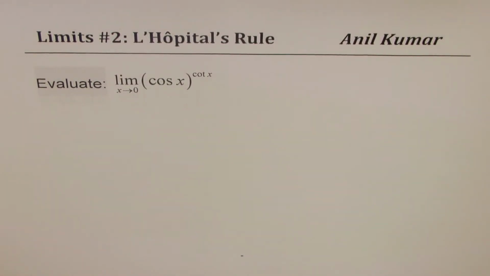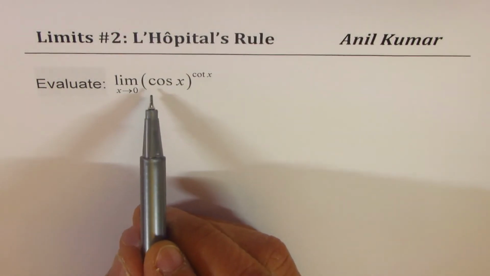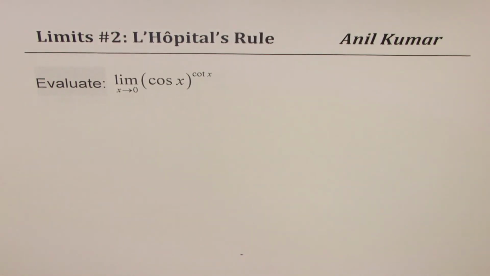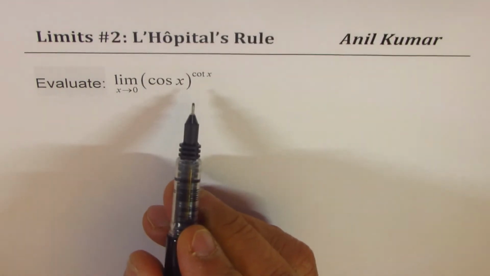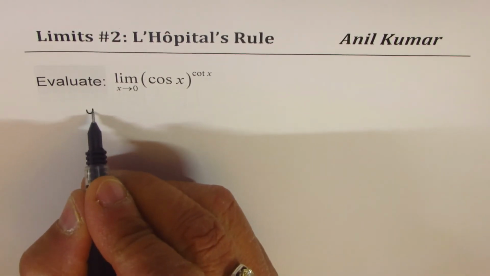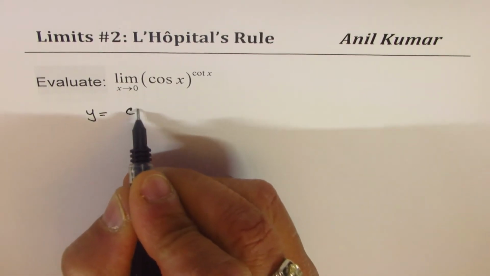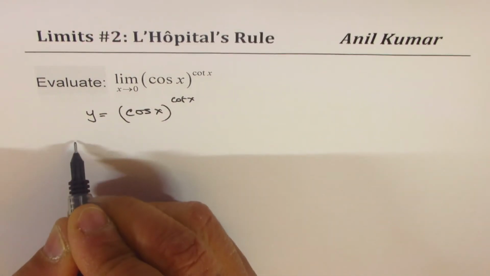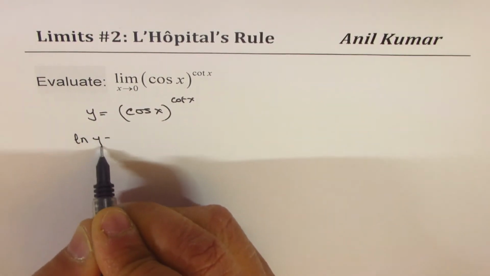So let's now evaluate the limit of cos x to the power of cotangent x when x approaches 0. You can pause the video, answer this question, and then look into my suggestions since we have done a similar one earlier. So the first step is to write this as y equals cos x to the power of cotangent x. Now take natural log on both sides.